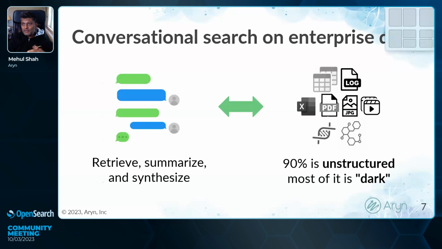You then use various types of AI models, large language models, which are super exciting these days, to summarize and synthesize answers from the data that you've retrieved. And the data that people are looking at and covering are things like PDF documents, web pages, presentations, spreadsheets, and so on and so forth.